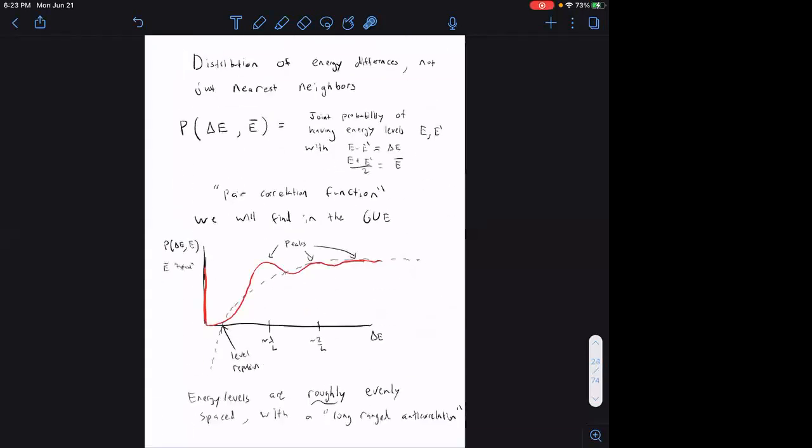So basically, what we just talked about is the distribution of nearest neighbor spacings. The thing which is actually a little easier to study and make statements about is the distribution of energy differences, not just between nearest neighbors.